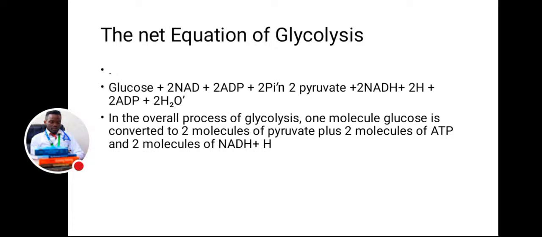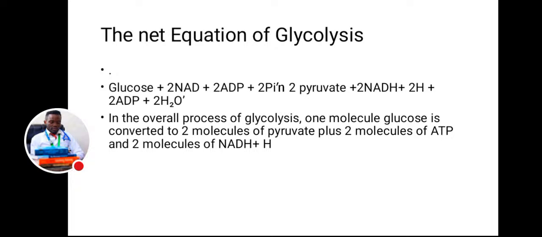Now, what is the net equation of glycolysis? So in summary, to come up with the net equation of glycolysis, we have glucose plus 2 NAD plus 2 ADP plus 2 inorganic phosphate.